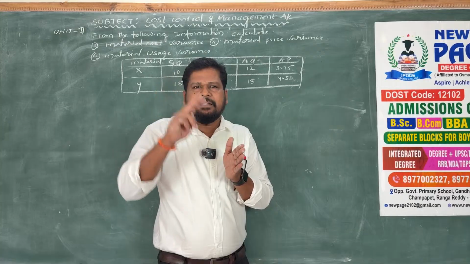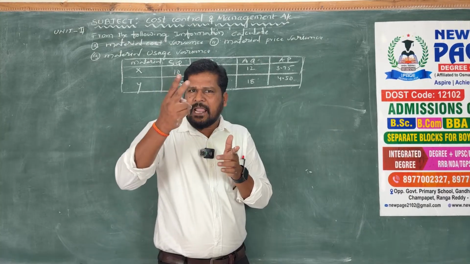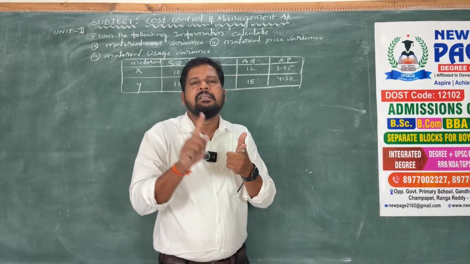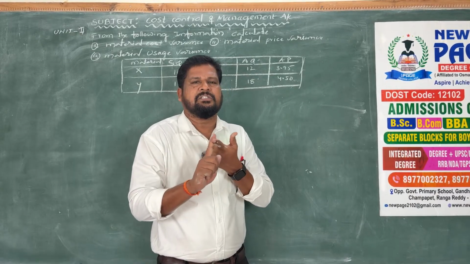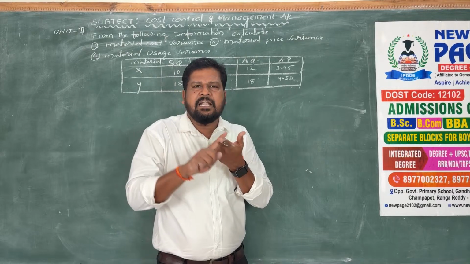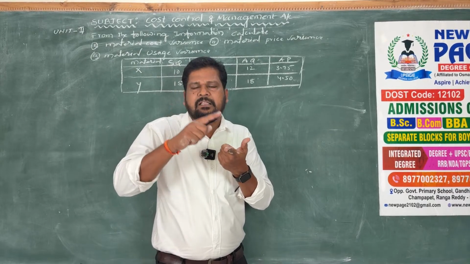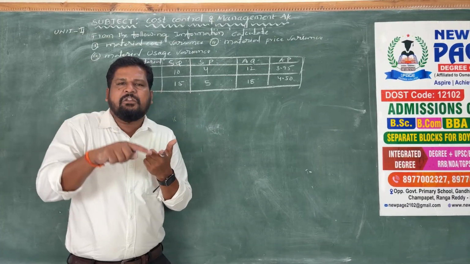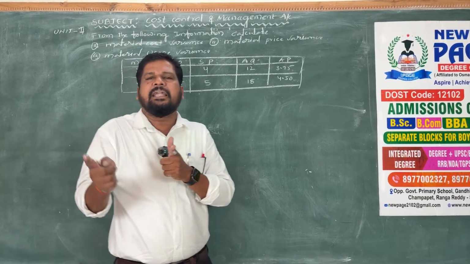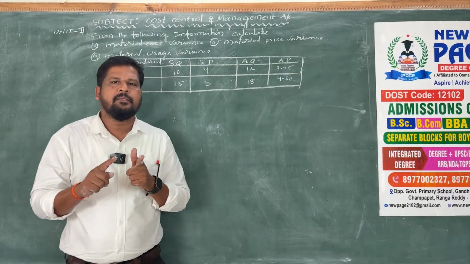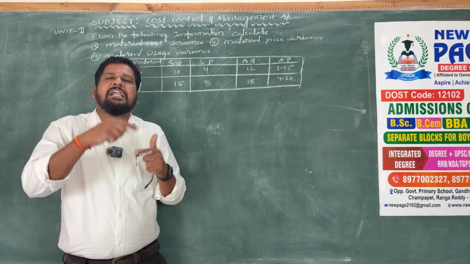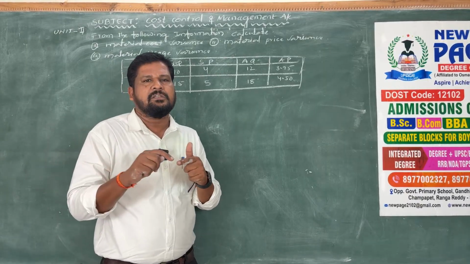But costing techniques, there are two types. First one is marginal costing. Second one is standard costing. So what is standard costing? Standard costing refers to finding out the variation between the actual cost and the standard cost. Variation means the difference between actual cost and standard cost.